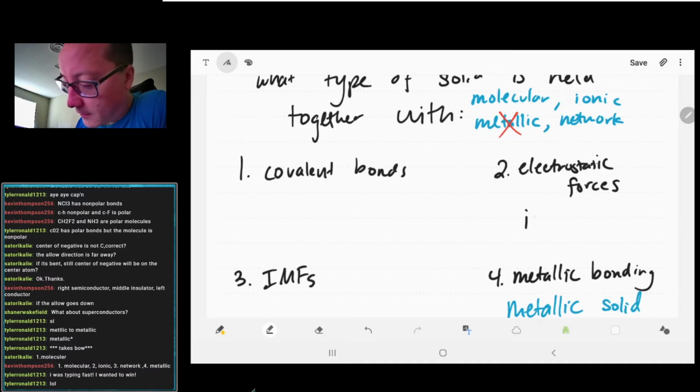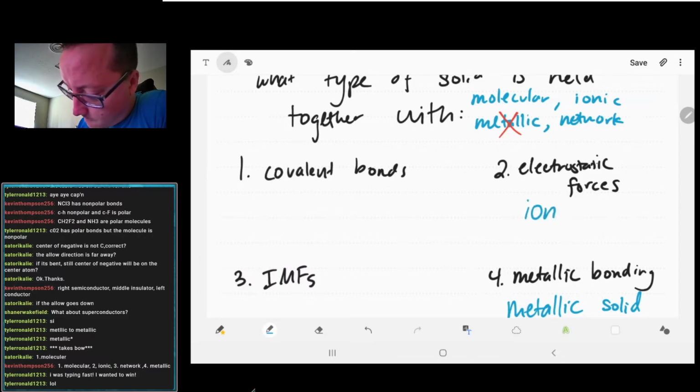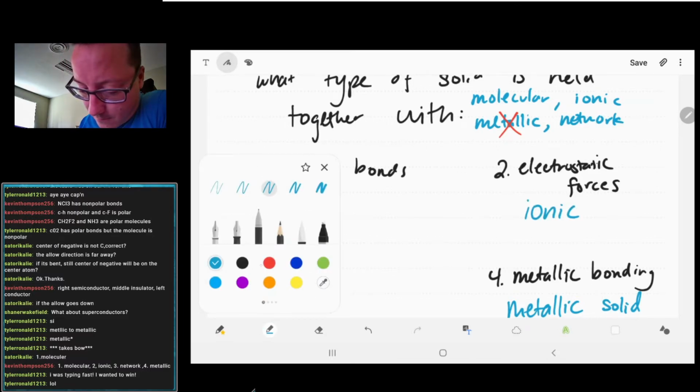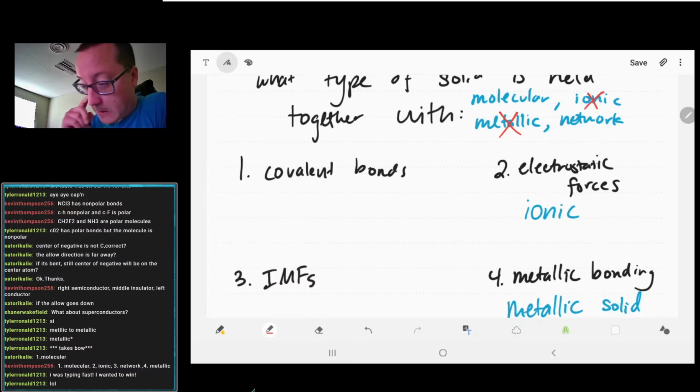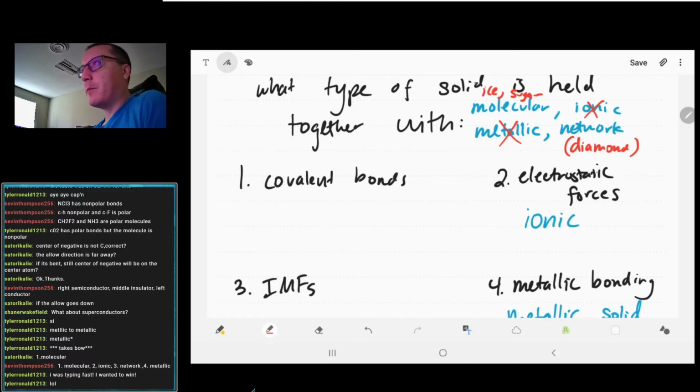Okay, so yes, ionic for sure will go in the electrostatic box. However, Kevin, I think we have perhaps forgotten the vocabulary here. So network solids are going to be like diamond, whereas molecular ones would be like ice or sugar. Those would be examples of molecular solids.